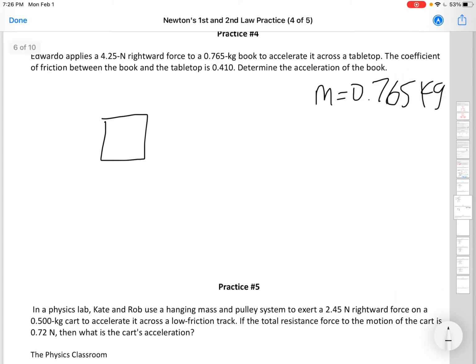Kilograms. So 4.25 newtons. The coefficient of friction.